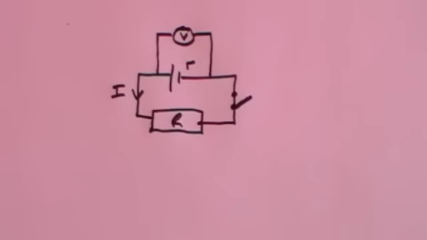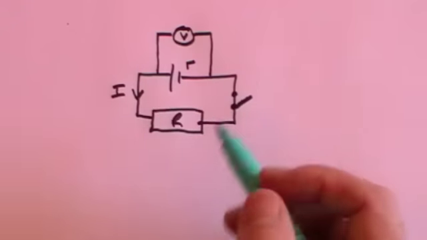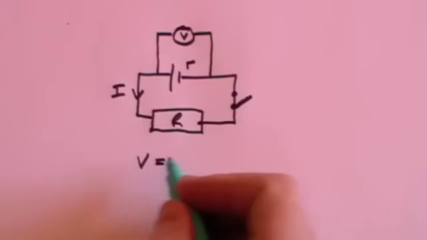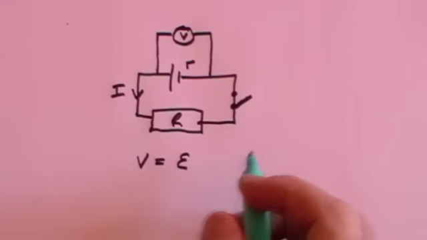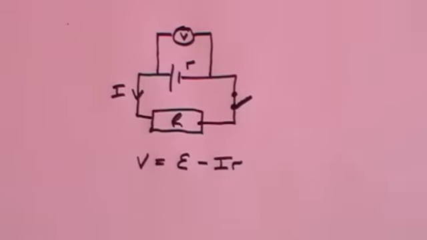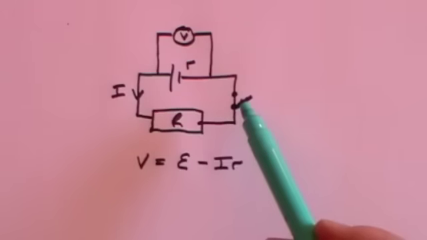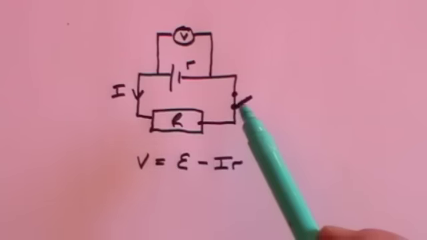When the switch is open, no current will flow. And so the voltage, which we just showed before, is equal to the EMF of the battery minus Ir. If no current is flowing because this circuit is open, then it's not a complete circuit, so no current can flow.